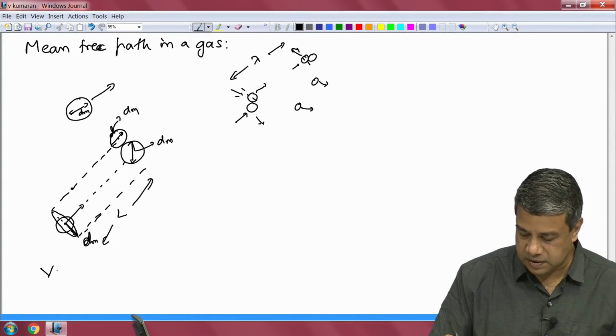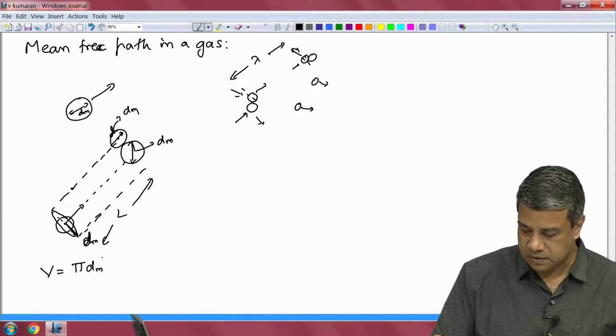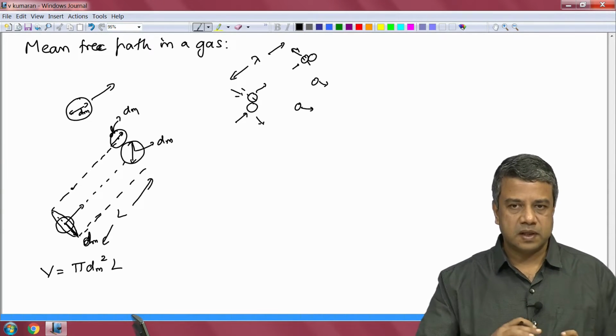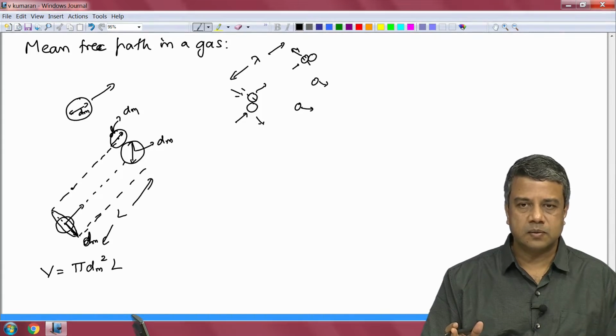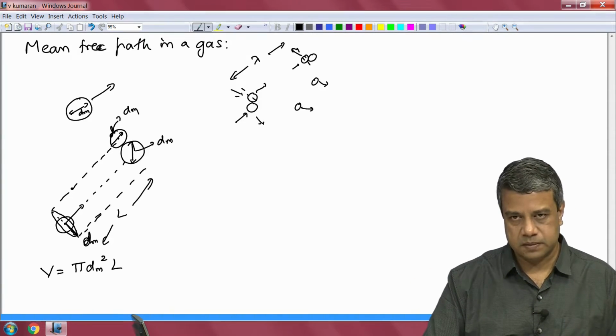The volume of the cylinder is equal to pi r square, the radius of the cylinder is equal to the diameter of the molecule, times L. That is the volume it traces out as it goes. And with time, if it does not collide with another molecule, the length of the cylinder will keep increasing.